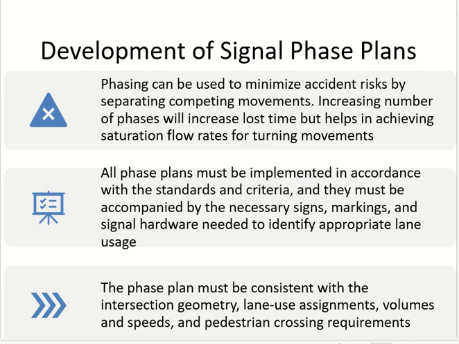Start-up and clearance lost time. So when you increase the number of phases, you are increasing the number of lost times as well. If I have 4 phases, I have 4 sets of lost times. If I have 6 phases, then I have 6 sets of lost times. So increasing the number of phases may increase safety, but it will reduce the capacity of the signal. You have to keep this in mind.